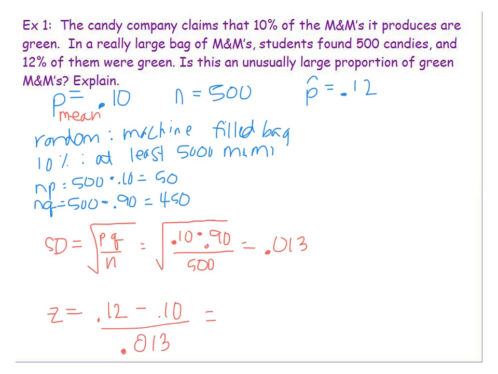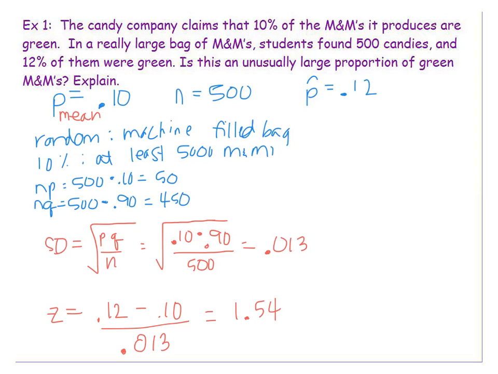So go ahead and type that in your calculator. Remember, z-scores, we always round to 2 decimals. And I get 1.54. Well, the question is simply asking, is this an unusually large amount?